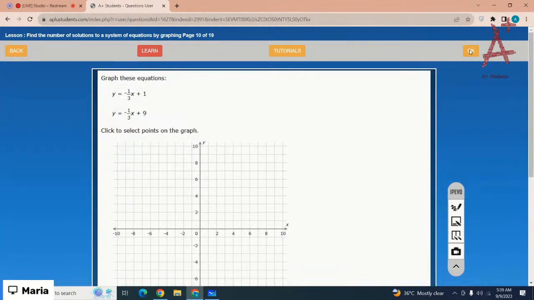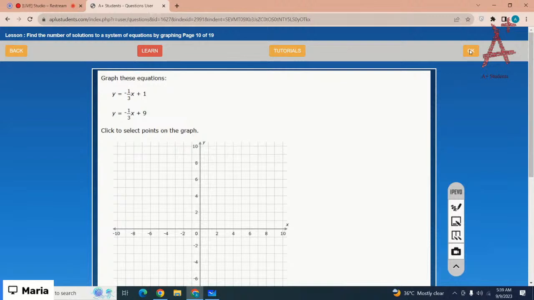Okay, the next one is y equals negative 1 over 3x plus 1 and y equals negative 1 over 3x plus 9. So which is the correct option? Both the equations have the same slope and different y-intercept. You can graph the equation on your own, right?